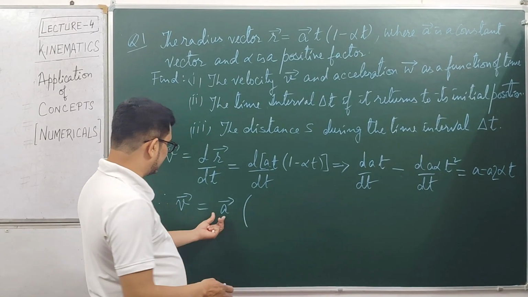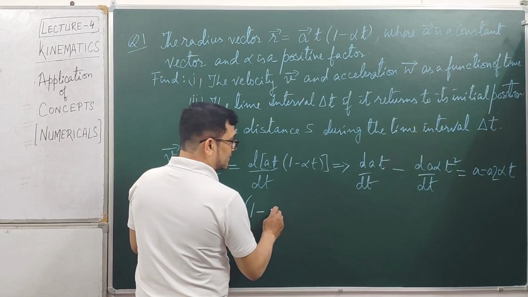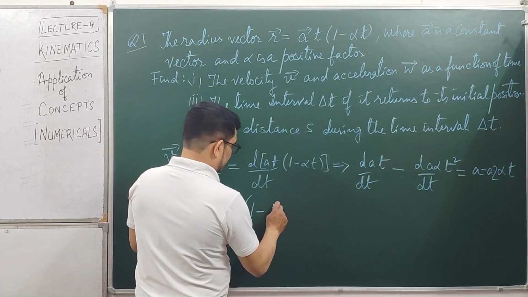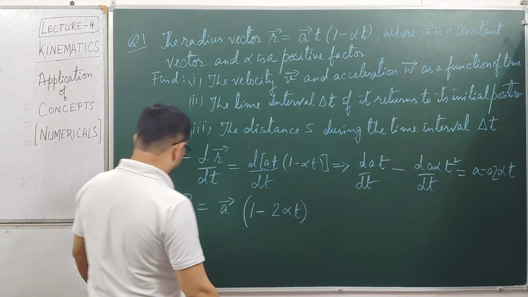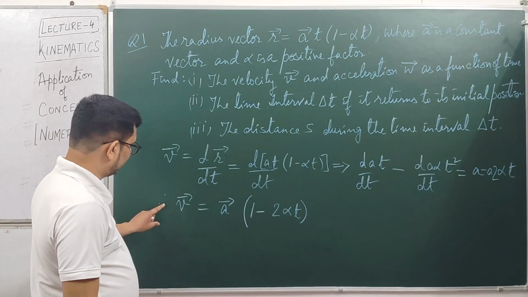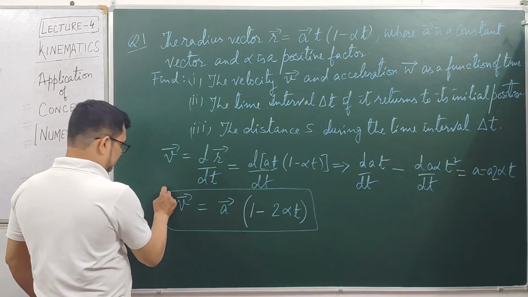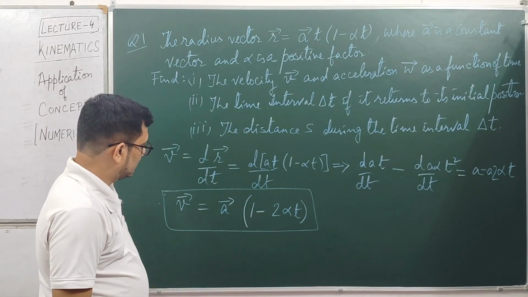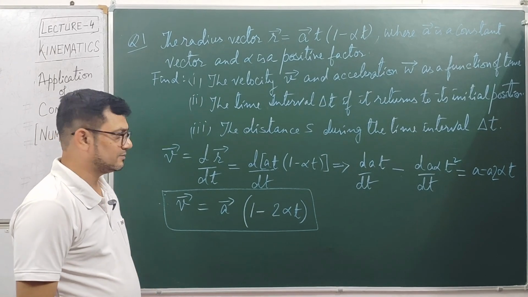If you take a outside the bracket, it comes out to be 1 minus 2 alpha t. So as a function of time in vector notation, we got the velocity as a (1 minus 2 alpha t). As simple as that.